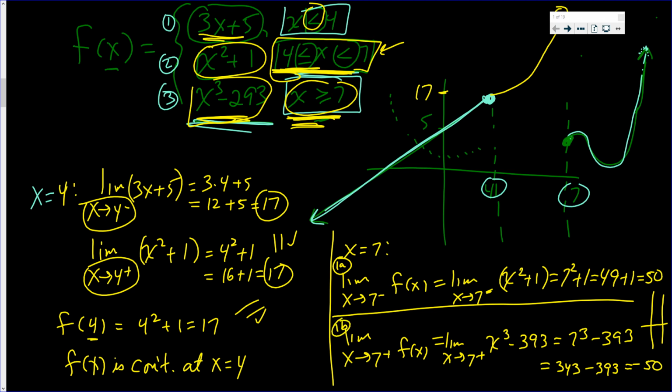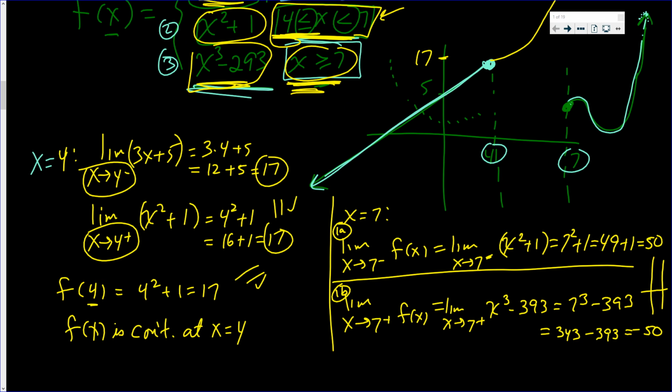They exist, but step 2 says they have to be equal. So this is not working. So we conclude that f of x is not continuous at x equals 7.